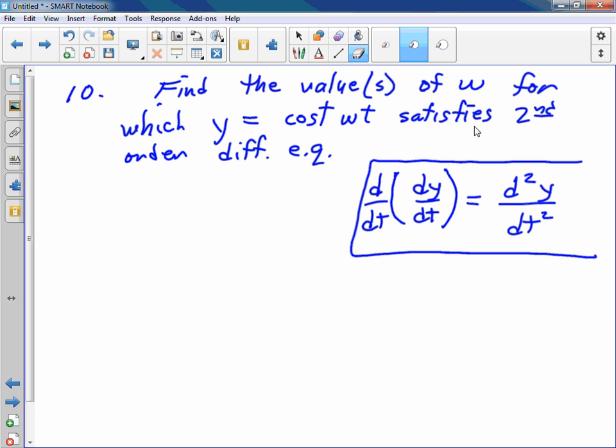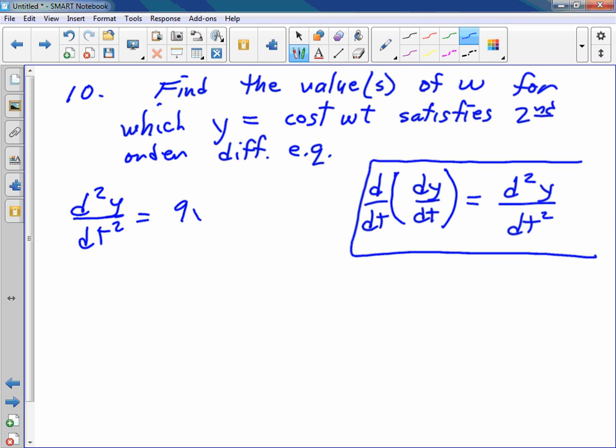So number 10 says find the values of omega for which y equals cosine omega t satisfies the second order differential equation: the second derivative plus 9y equals 0.